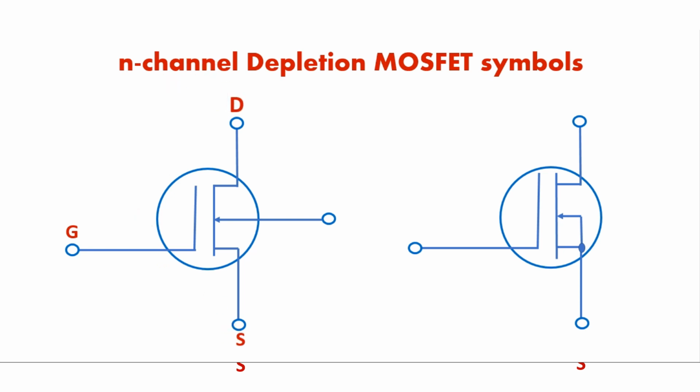This terminal is called the source. And this terminal is called the substrate. So the schematic circuit symbol for the diffused N-channel depletion MOSFET is shown by this figure, and the diffused P-channel depletion MOSFET can be shown as well. So these are the N-channel depletion MOSFET symbols.